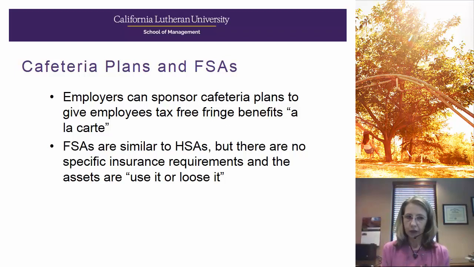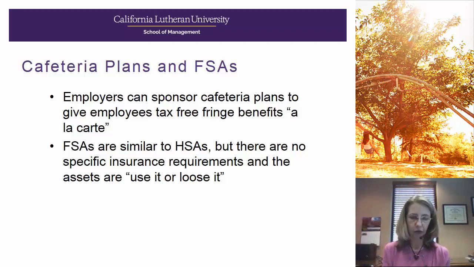Now, in addition to insurance, employers do offer other types of fringe benefits. Some of the most common are cafeteria plans and flexible spending accounts. So the cafeteria plan is a document, a legal framework that allows employees to pick and choose the benefits that they want to purchase through the employer, and they pay for those benefits on a pre-tax basis.